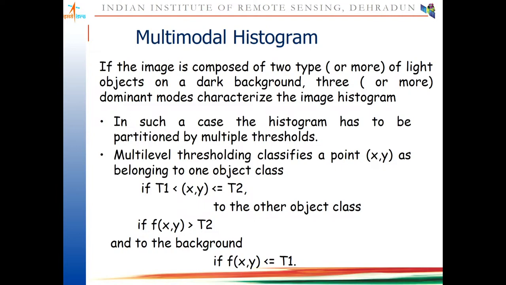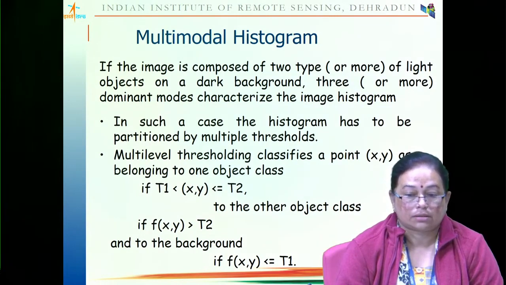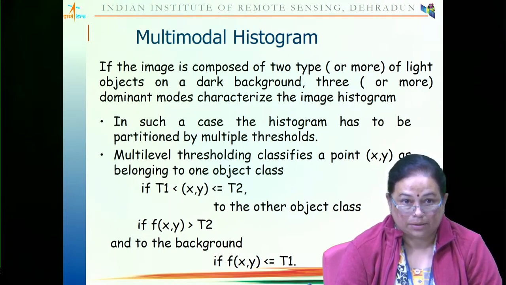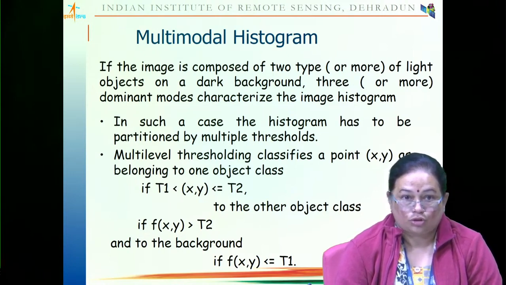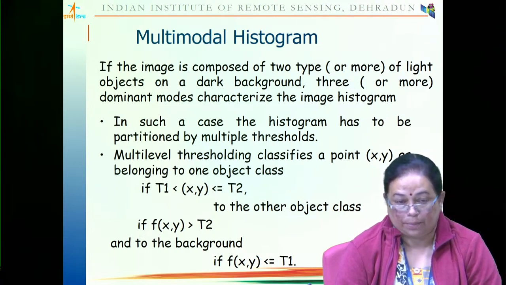Now, if there is a multimodal histogram, that is, the image is composed of two or more objects, where the objects are lighter than the background and the background is dark, then two or three or more dominant modes will characterize the image histogram.